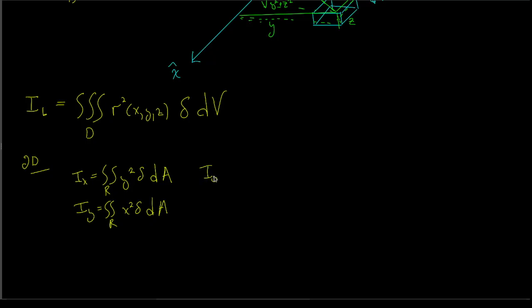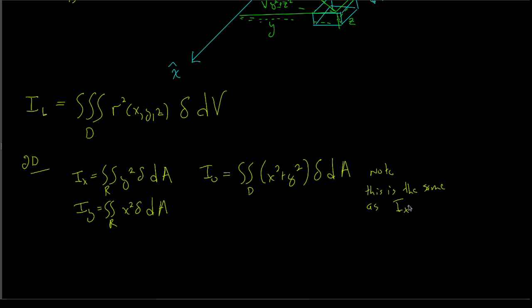About the origin, it will be the radial function, x squared plus y squared, times the density times the differential of the area. And note, this is the same as Ix plus Iy. And there's a change of axis theorem that exploits this ability to go about the origin.